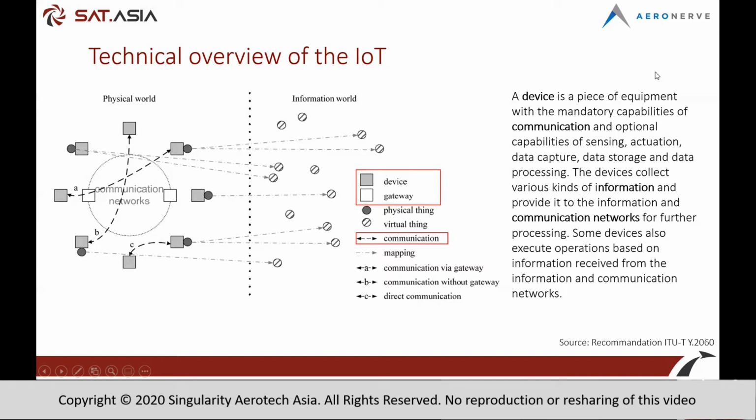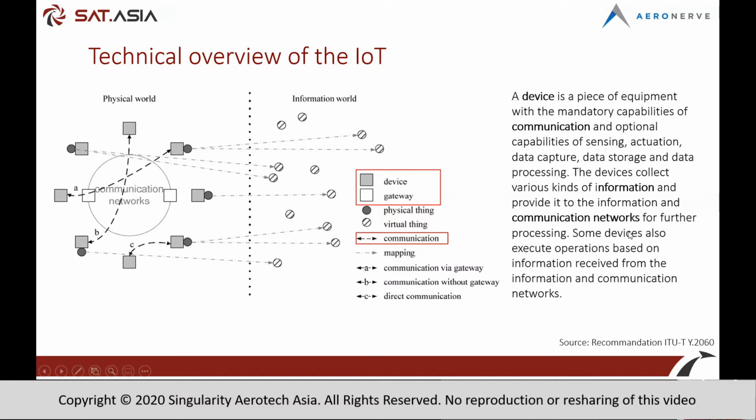So if I can explain what is a device. Device is a piece of equipment with the mandatory capabilities of communication. So in IoT, the first thing that a device has to have is the ability to communicate through the network.